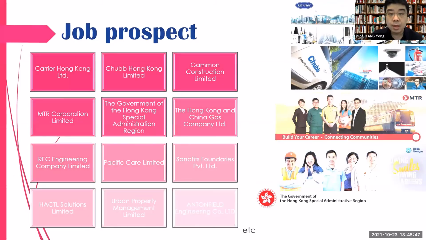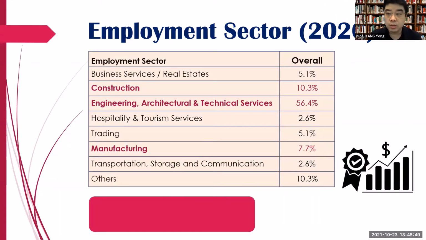Now, if you look at the overall data of our graduate students: 5.1% of graduates will go to the business industries, like real estate. 10.3% will go to construction industries. The majority of graduates will be hired into the engineering industries, including architecture and mechanical engineering services.